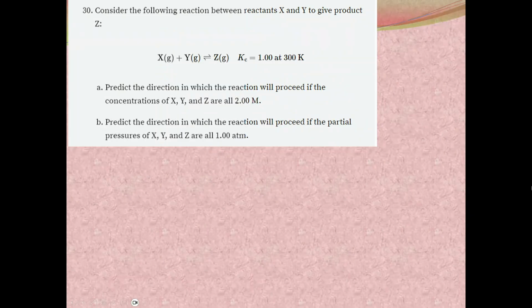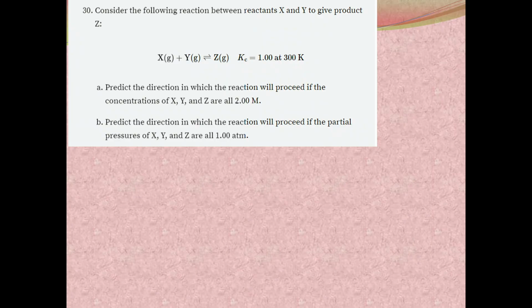Okay, so now I have a generic reaction that X plus Y goes to Z. K is equal to exactly 1. If everything is 2 molar, my denominator is going to have 2 times 2. The numerator is going to have 2.